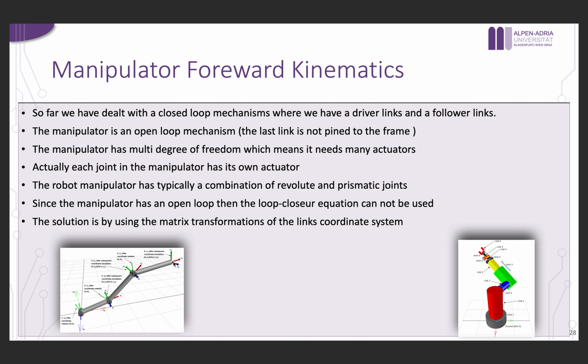The forward kinematics is a model of the position of this point with respect to the input variables of the joints in this manipulator, because we could have not only rotation, we could have sliding like here.